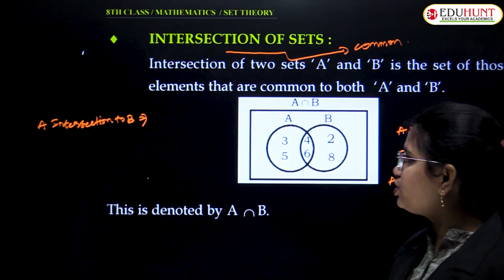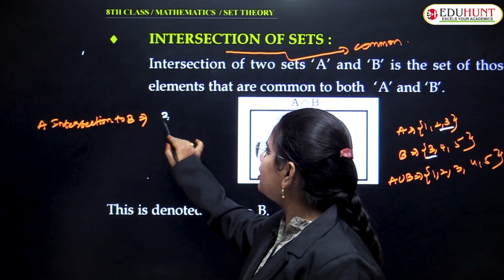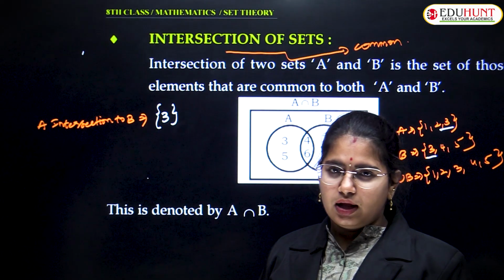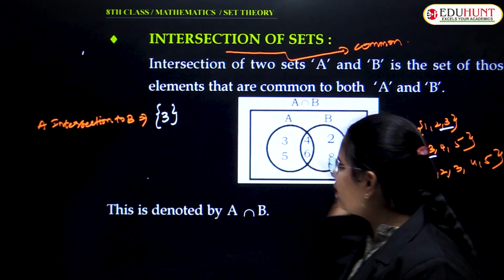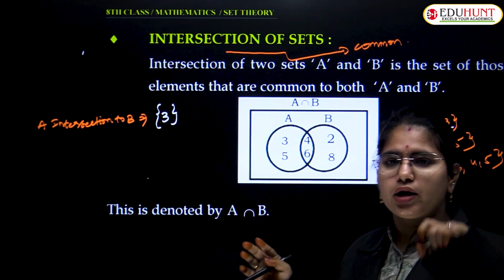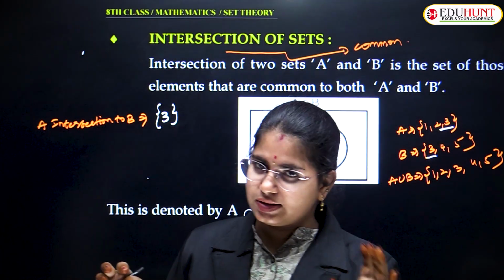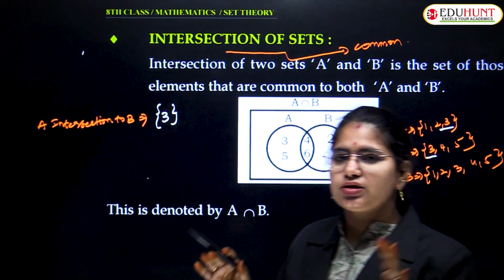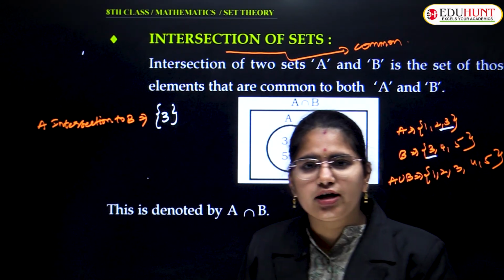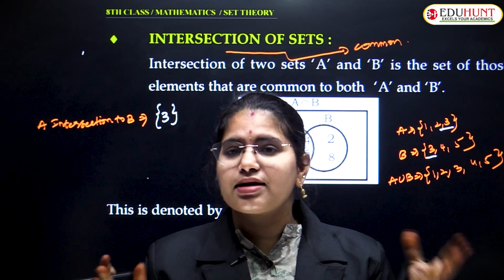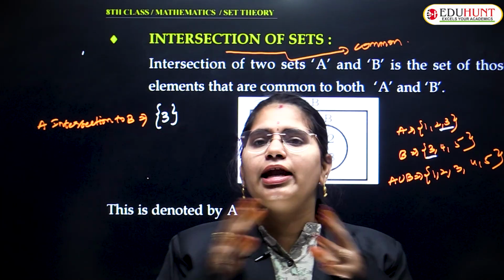So A intersection B is only 3. I cannot write all the elements. I have to write only whatever common element exists. A intersection B means if there are common elements, you write them, in the elements format.